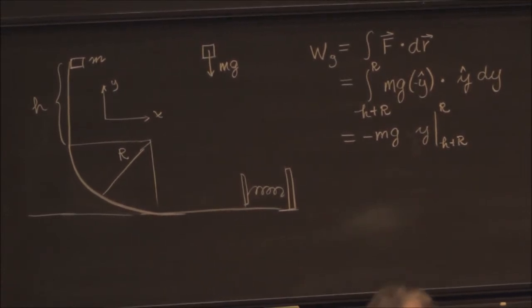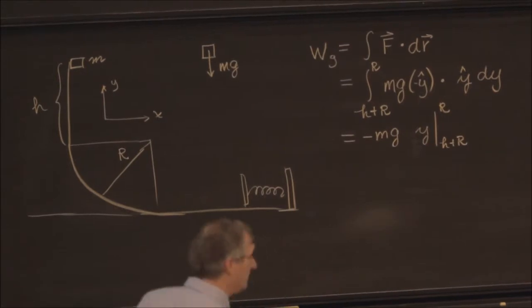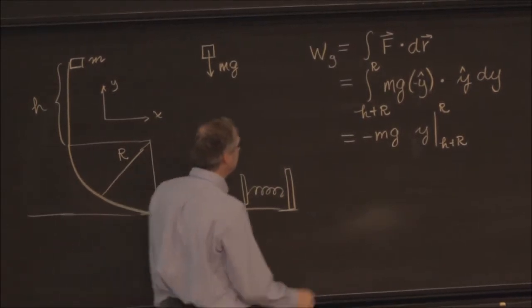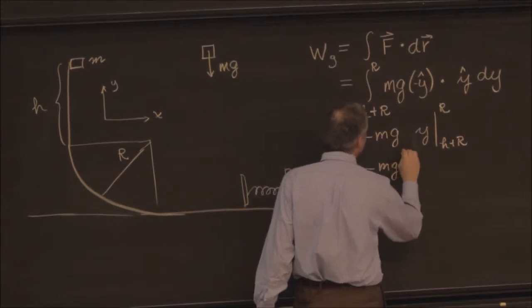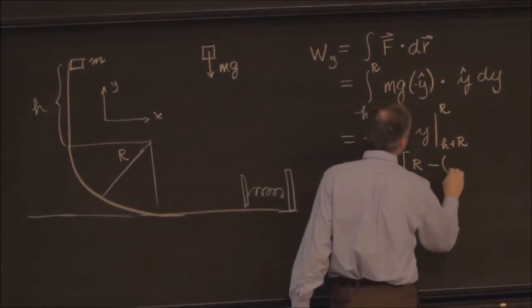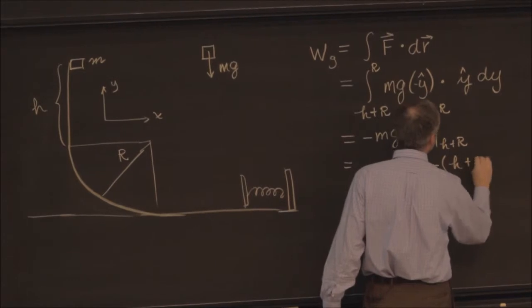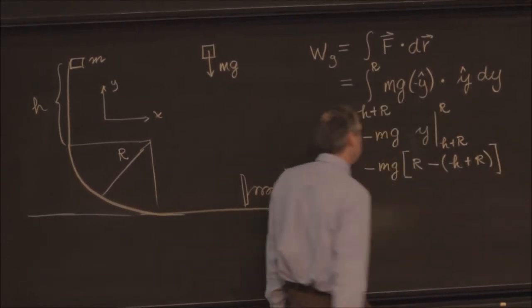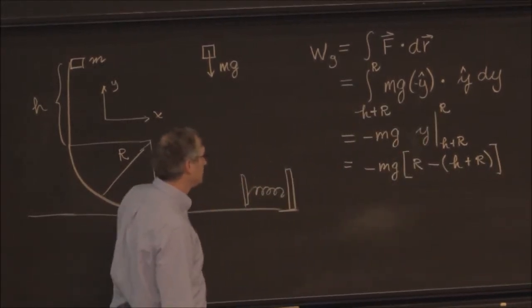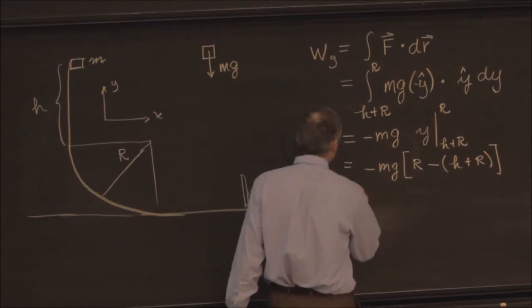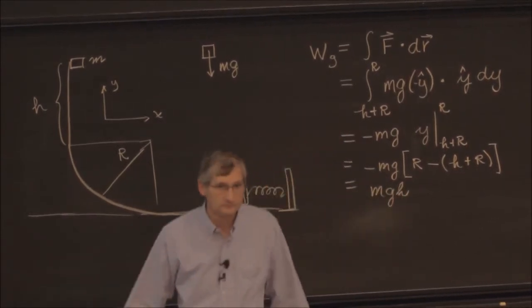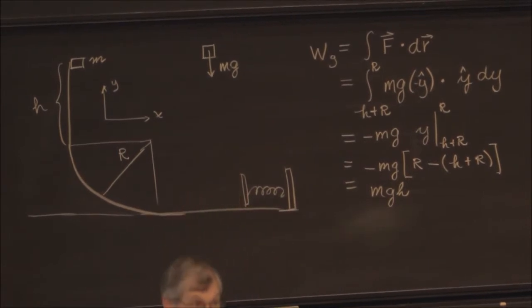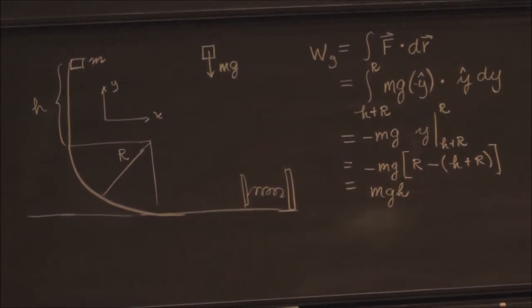The kinetic energy to go up? I hope. So let's see how this goes. Minus mg times r minus h plus r. So that looks a whole lot like mgh. As it better, right? It's fallen down a distance h.